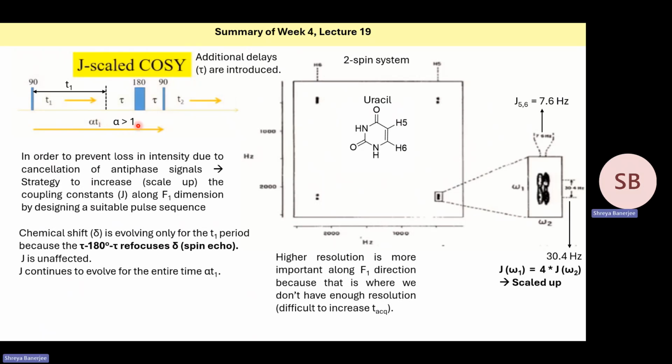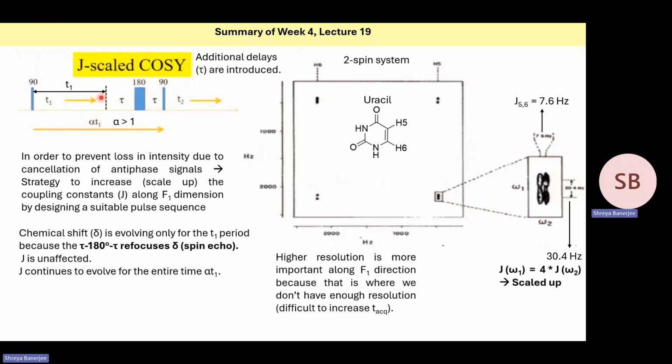So, one condition that is maintained in this J-scaled COSY is that the time between the first 90 pulse and the final 90 pulse is alpha T1, where alpha is greater than 1. So if alpha is greater than 1, alpha T1 is greater than T1.